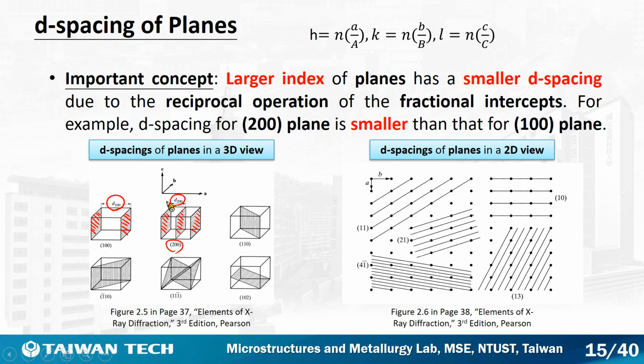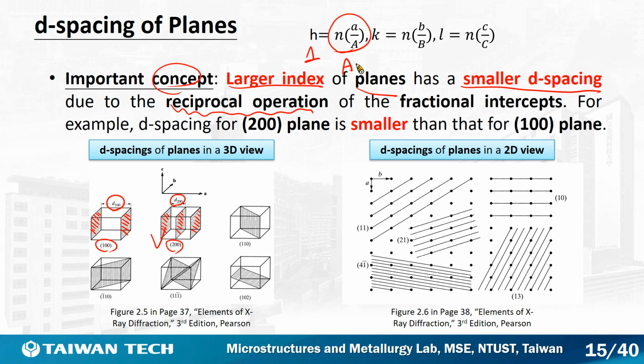And there is a very important concept: with a larger index of planes, it will have a smaller d-spacing. You can see here, this is 100, this is 200. With a larger index, like this one, it shows a smaller d-spacing. This is because of the reciprocal operation on the fractional intercepts. For example, for 100, you see here how to get 1 for h.